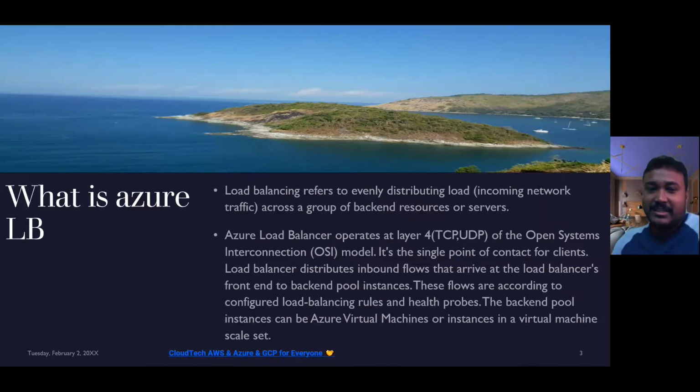First of all, we need to understand what a load balancer is. Load balancer is basically a feature that Azure provides. It distributes the requests coming over the internet, that is, the load, in some sequence or manner or based on some condition.